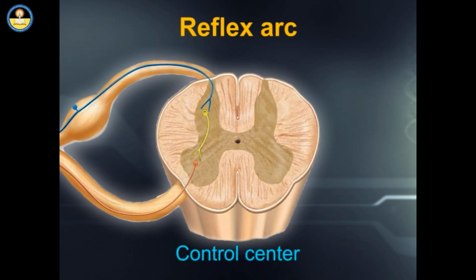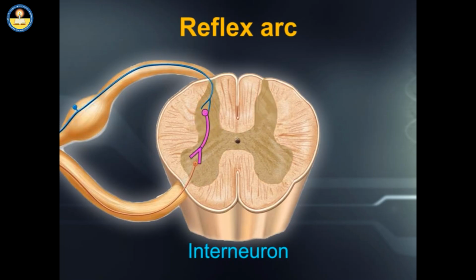Control center. Those cells in the central nervous system which receive sensory information from the environment, process that information, and if appropriate, generate motor commands to effector organs in response to the stimulus from the environment.